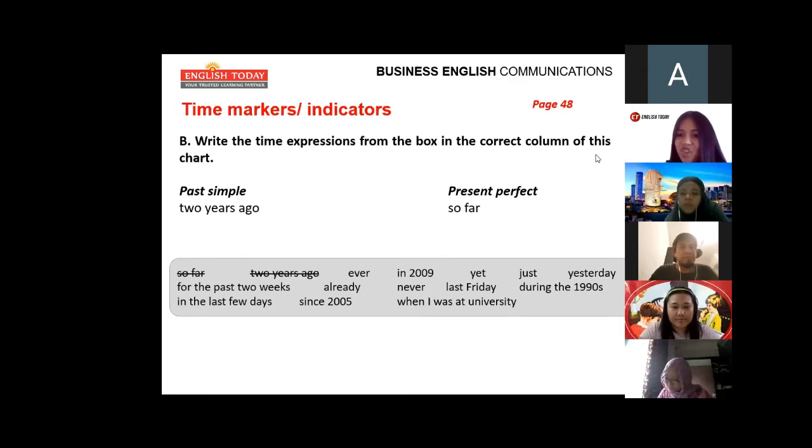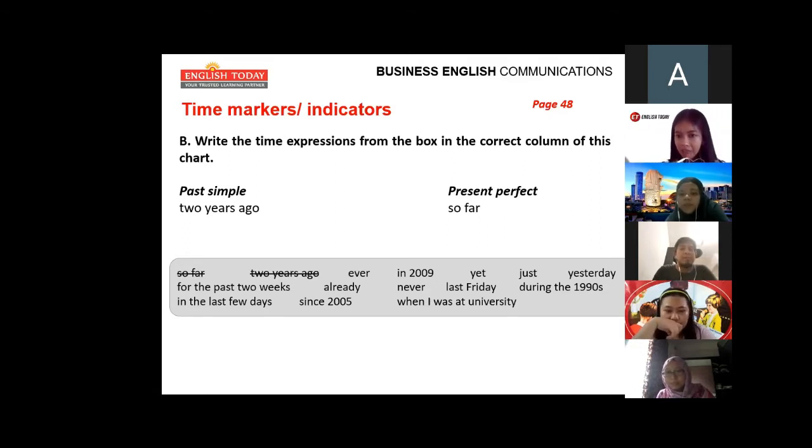And Chika, just. Present perfect. Do we agree with Chika? Maybe, maybe not. I'm not sure. It's okay if you're not sure. Chika thinks it's present perfect. Thank you so much for sharing.